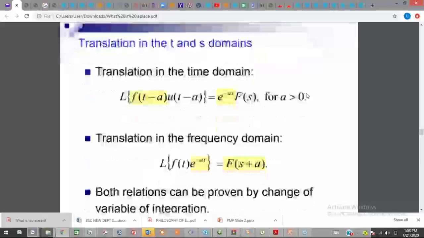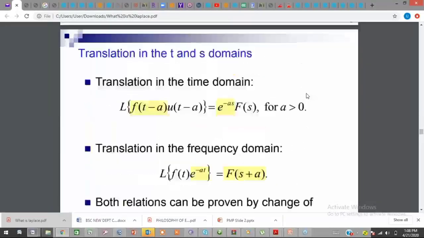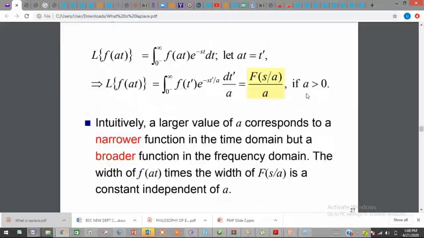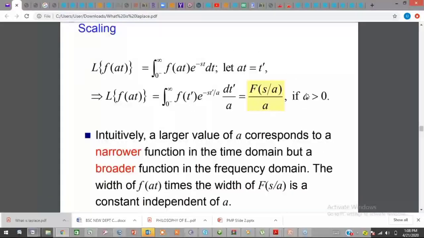Now let's move to the next slide, page 27 of my slide, and now we look at scaling. The Laplace transform of f of at is equal to the integral 0 minus to infinity of f of at multiplied by e raised to the power of minus st dt. Here we are taking at equals t prime. So when we take at to be t prime, the formula will now change.